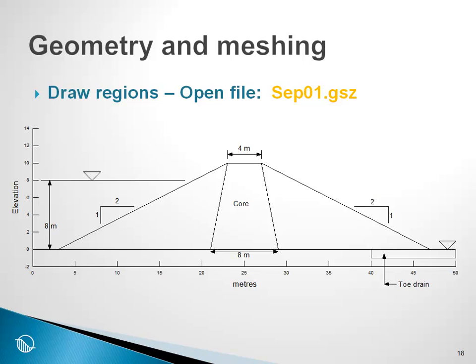Those of you who were part of the SLOPE/W session already know how to draw regions, but let's go through the process once again about how to define regions in SEEP/W and then look at some meshing controls. So let us go to GeoStudio and open this file.